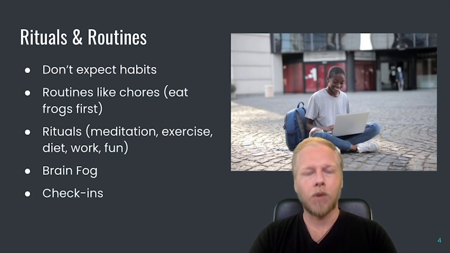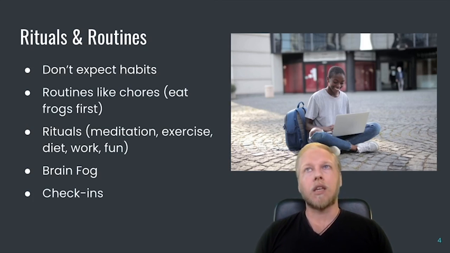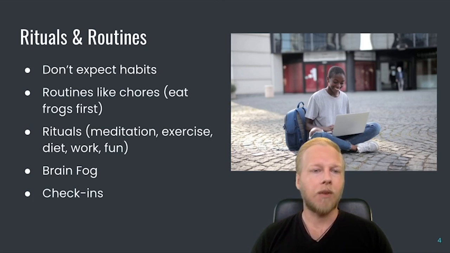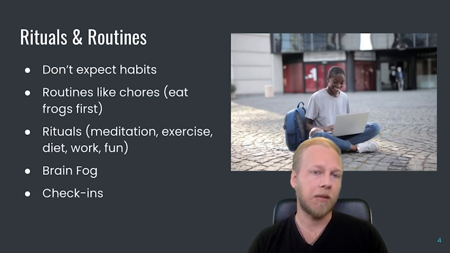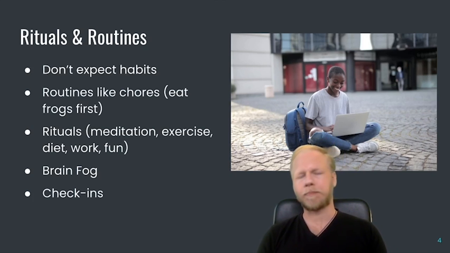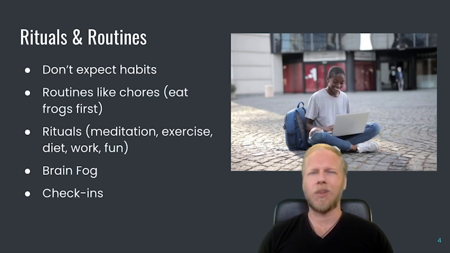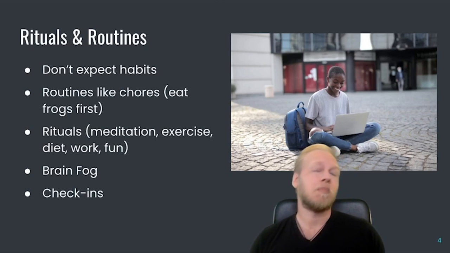So the second one is routines like chores. Make all of your chores into routines and figure out when is the best time to do those things. That's why I've listed eat frogs first. What that means is if I have something that I really want to get out of the way, then in the routine of my day, I will put that thing first so that I get the really tough stuff out of the way when I have the most energy.